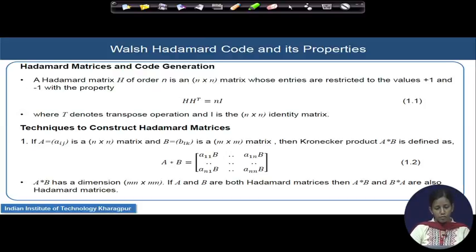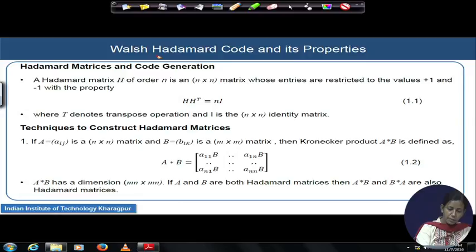Before entering into the generation mechanism and the properties of a Walsh Hadamard code, let us start with a Hadamard matrix, because the key part of this code generation is a Hadamard matrix.